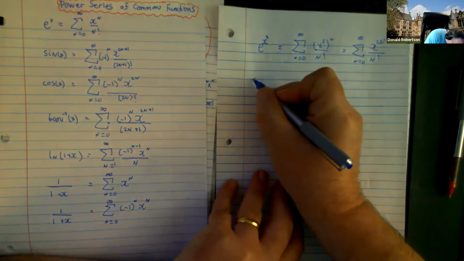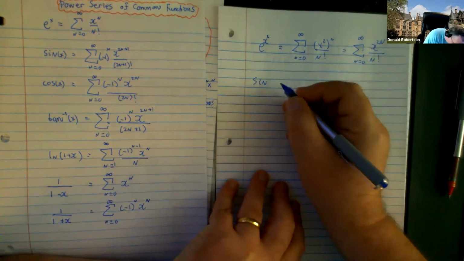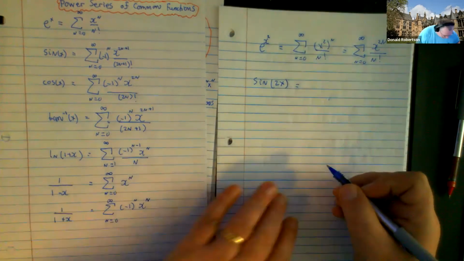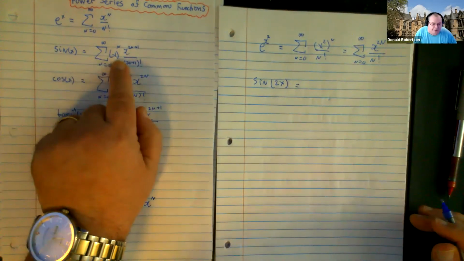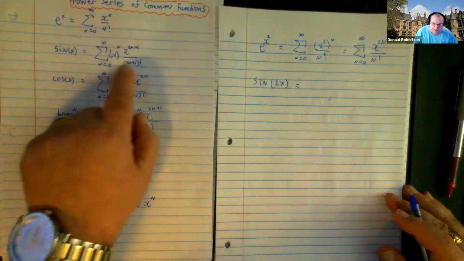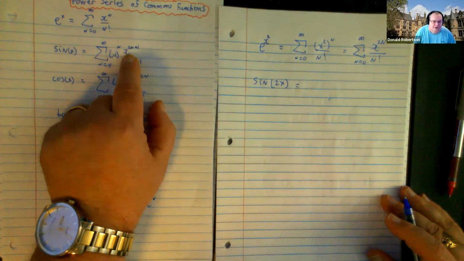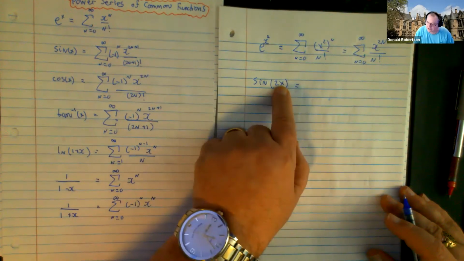And suppose I wanted to know the sine of 2x. Well, I know the power series for sine x, it's this ugly guy. And so if I want to know the sine of 2x, don't I just replace this x here by 2x?